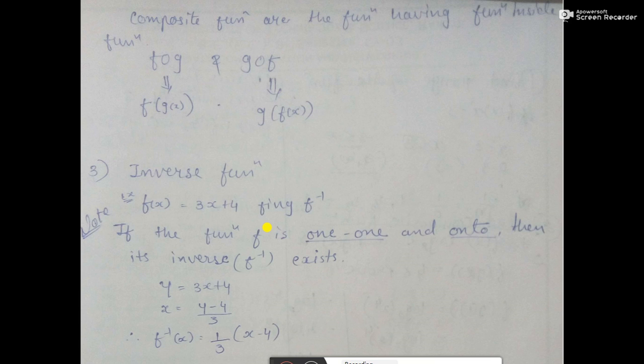Onto means what? Each element of the codomain is the image of some element of the domain. For example, f of x is equal to x square plus 3. Then for x belonging to A, which is 1, 2, 3 up to infinity, f of x will belong to B, which is 4, 7, 12.